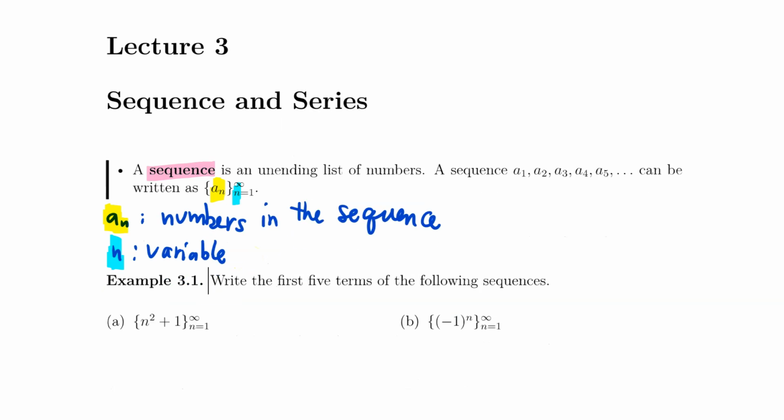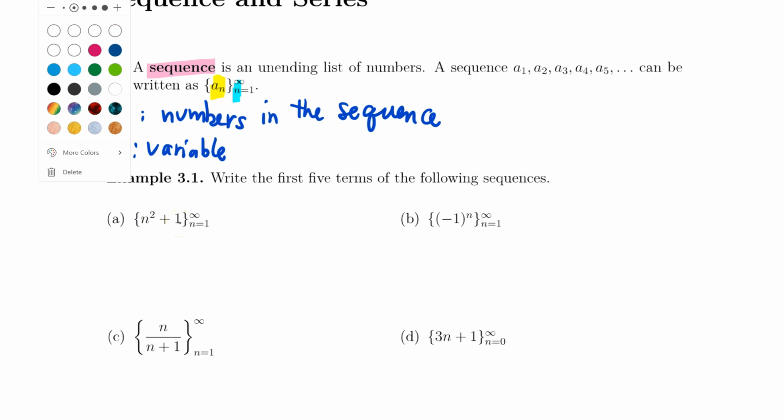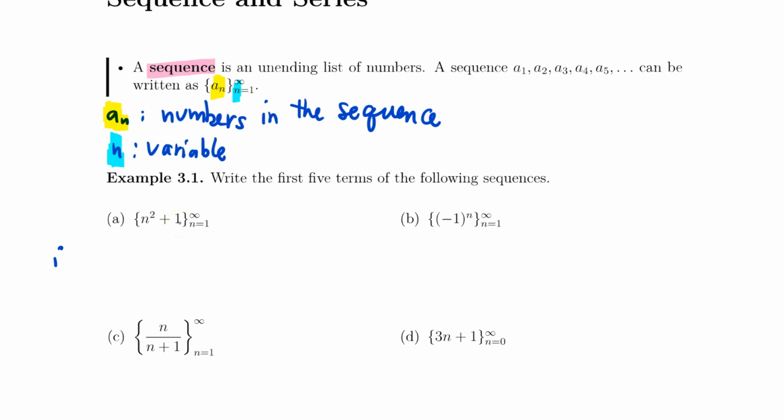So now let's take a look at the first example that we have here. If I want to write the first 5 terms of this sequence, my n goes from 1 to infinity, so the first term is going to be just 1 squared plus 1. And when n goes on to be 2, that's going to be 2 squared plus 1.